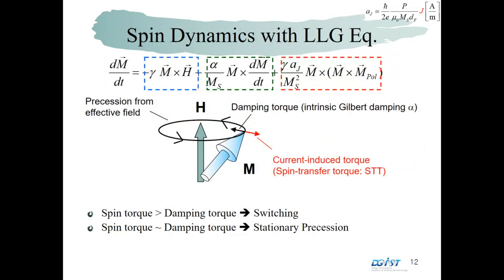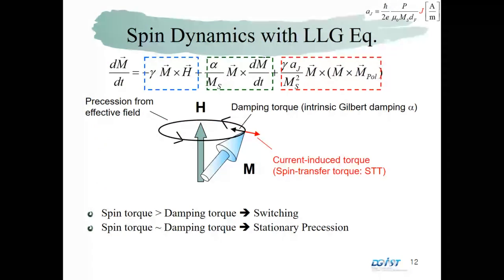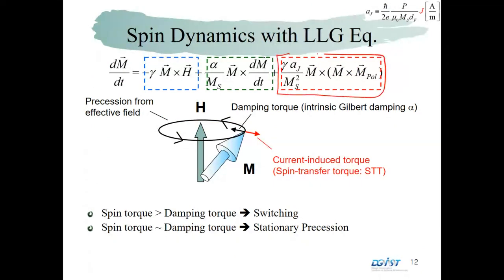Okay. So now we go back to the energy equation with this spin transfer torque term. We already learned that with the external field here, the magnetic moment precesses because of this precession torque. And because of the damping torque, the direction of the damping torque is pointing to the field direction.